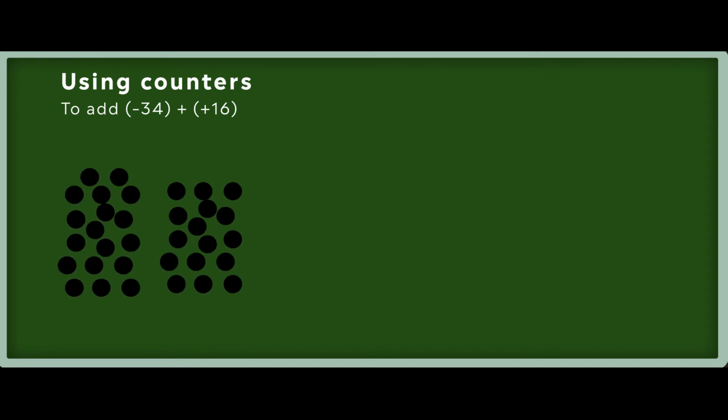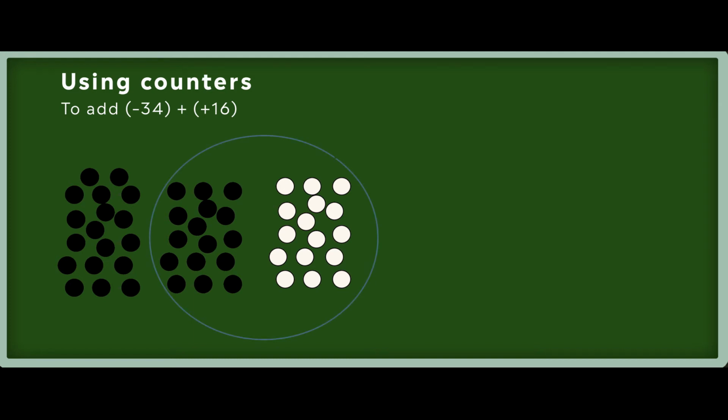Now we will add using counters. To add negative 34 plus 16, we will use a pile of 34 black counters and 16 white counters. Here you have to match 16 of the black counters with 16 white counters, and the zero property tells you they have a value of 0.